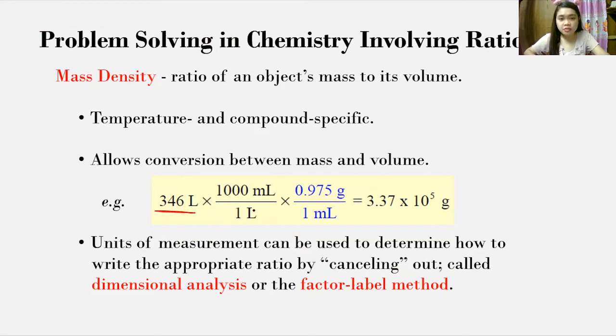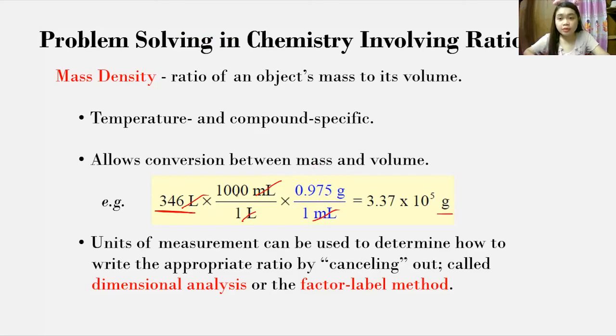If you have a liter and you need to convert it into grams, and you have a density reading in terms of grams per ml, what you need to do is convert this liter into ml by using a conversion factor. So the liter cancels, and then you multiply it by its mass density, and then you can get the mass of the substance.